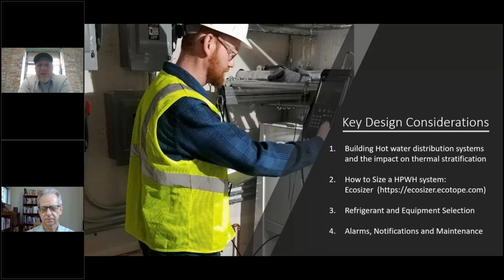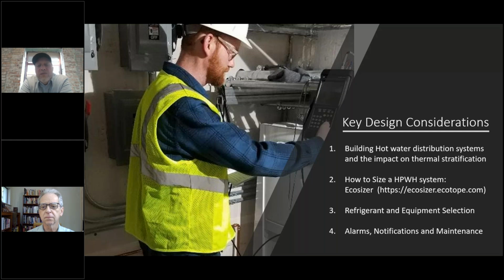So some of the key design considerations, we'll touch on these 4. The building hot water distribution systems and looking at the impact of thermal stratification in your plant will be one. We'll briefly touch on some of the tools that have been developed. EcoSizer has been around for 4+ years, and it continues to evolve with additional California funding.